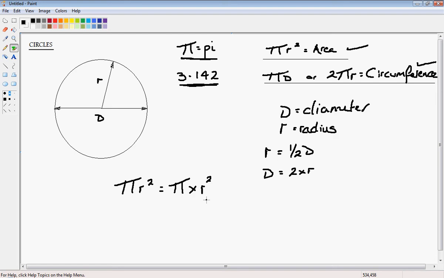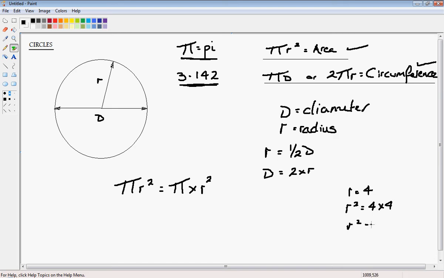Now if we square something, it's just itself times itself. So for example, if the radius was 4, then the radius squared would just be 4 times 4.